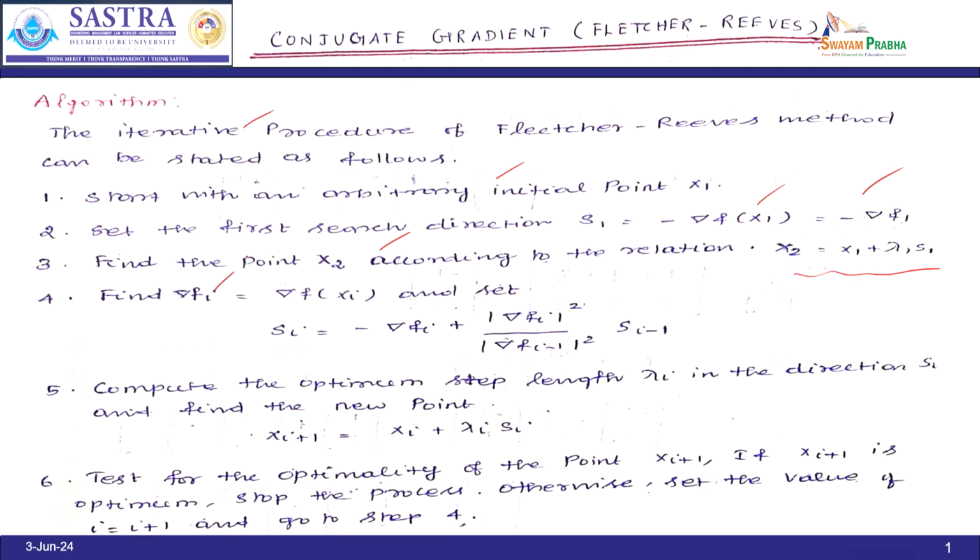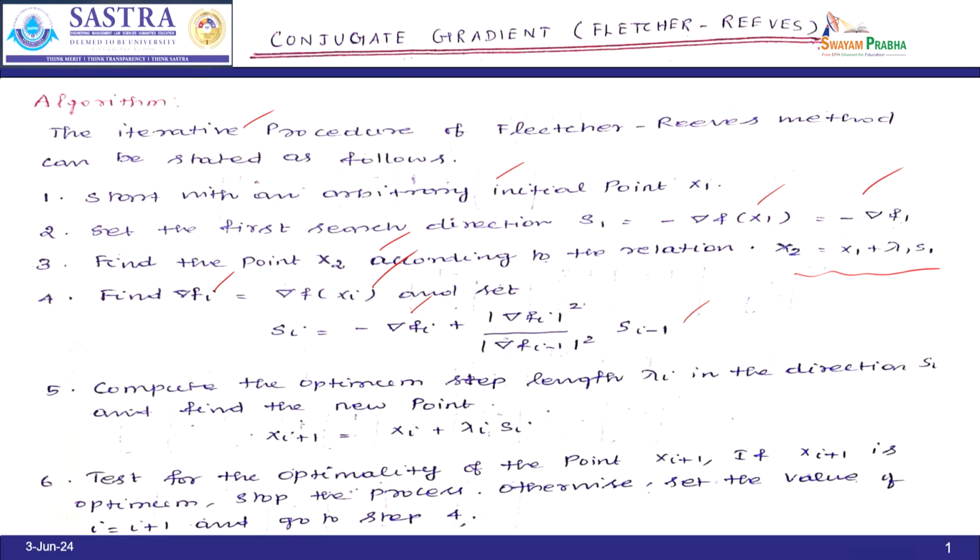Find lambda i such that, and set si equal to minus del fi plus modulus of del fi squared divided by modulus of del fi minus 1 squared into si minus 1.